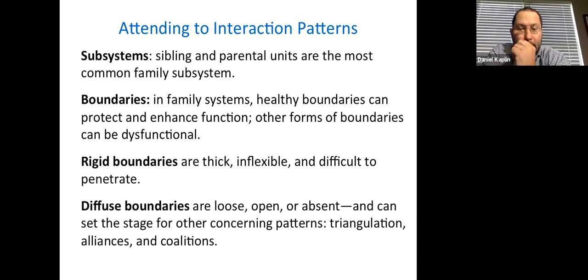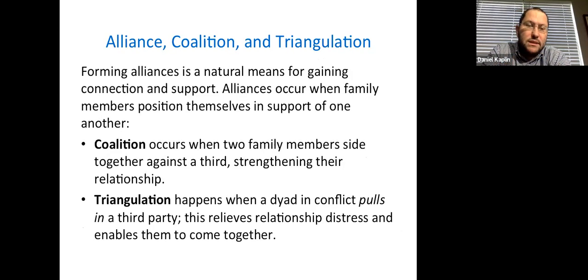So yeah, let's talk about it, right? An alliance is one member of the family positioning themselves relative to another member of the family to support one member, right? So that would be an alliance.